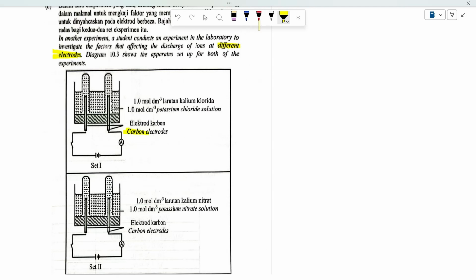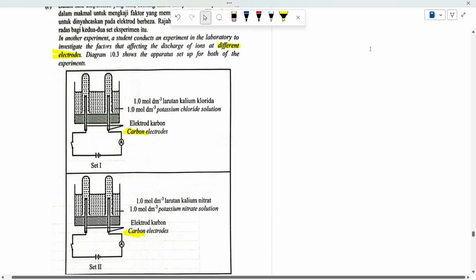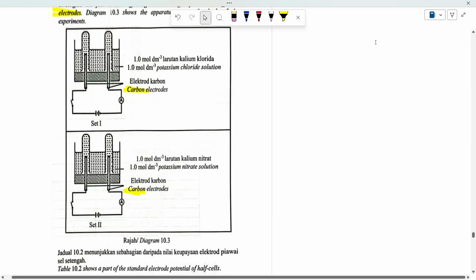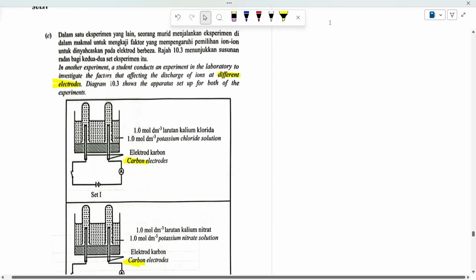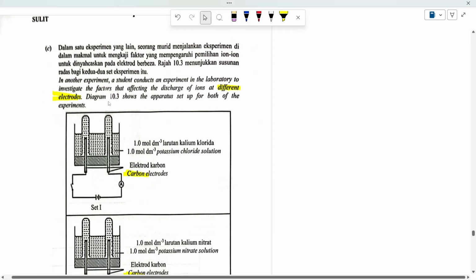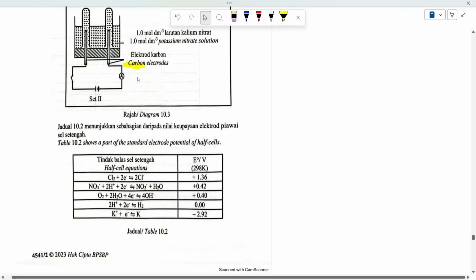Set 2 uses carbon also. What is different? But here it mentions different electrodes. Should be different concentration, right? Never mind.